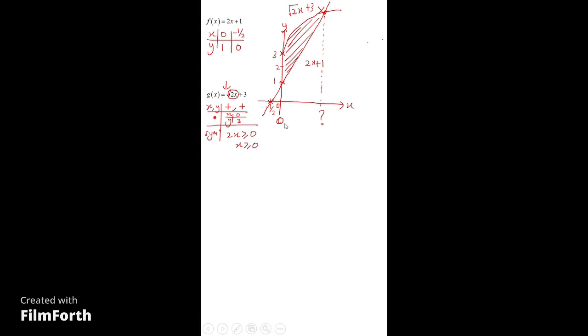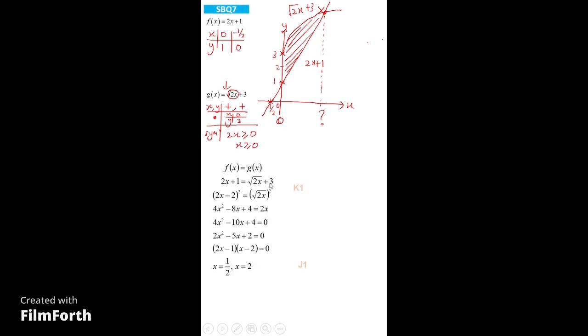So you equate f(x) and g(x), and then solve this equation. Since this equation has a square root, you need to square both sides, and then expand, simplify, and factorize. Okay, then you will get the answers.